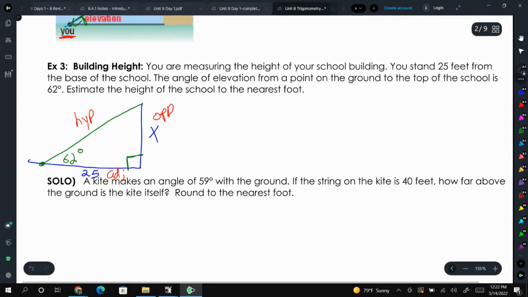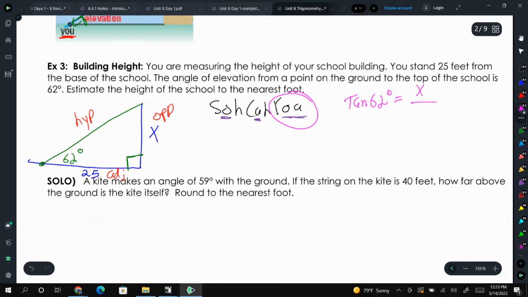So we'll write out SOH CAH TOA again. We're trying to figure out the opposite. It's x. We know the adjacent. It's 25. So we're going to use tangent again. So the tangent of 62 degrees equals O for opposite, x over 25. So then we'll multiply both sides by 25.